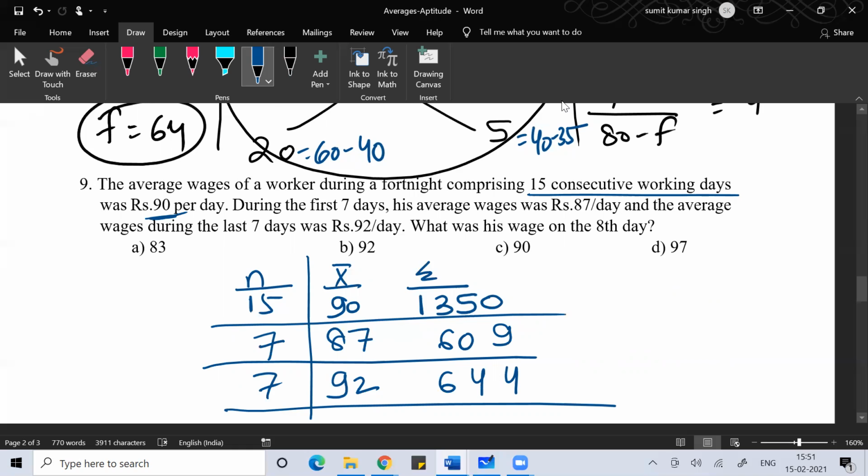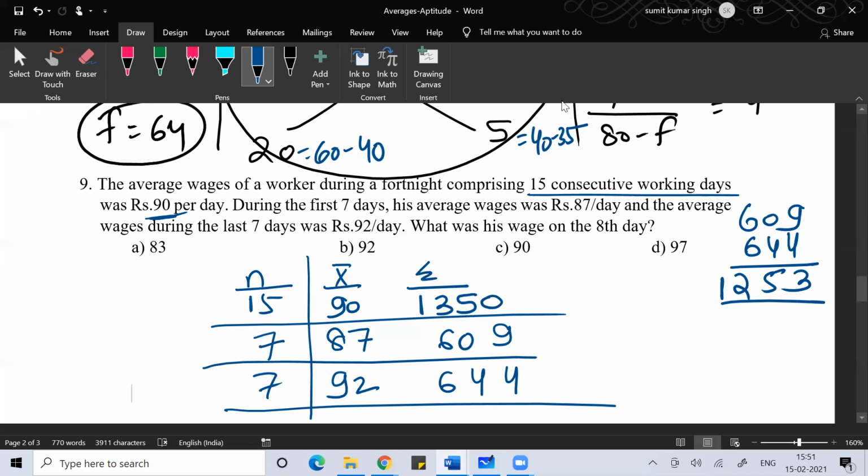So the first 7 days' sum is 609 and the next 7 days' sum is 644. The total sum of the first 7 and last 7 is 1253.